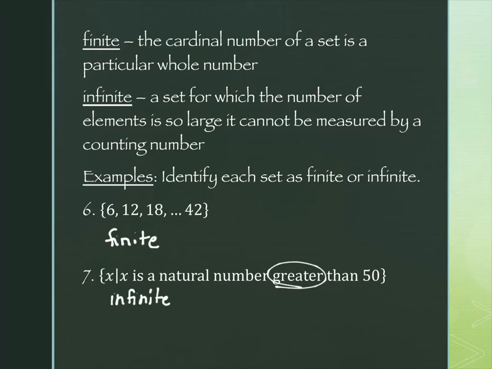But if you said less than 50 and it was integers, it wouldn't work, right? So it depends on the words greater than or less than, but it's also depending on the fact that natural numbers have a starting spot, whereas integers don't. Integers go infinitely in both directions, right? So don't just look at it and say, oh, she said greater than, so therefore infinite. Just be careful of the language used with what kind of set you're working with.